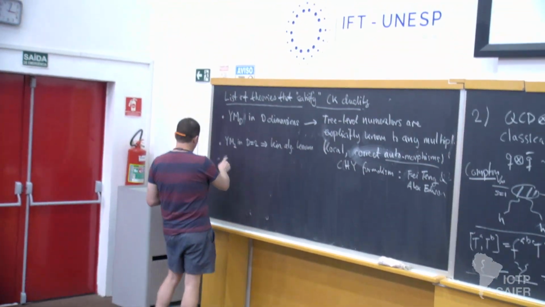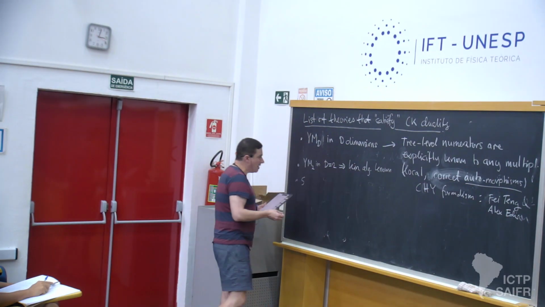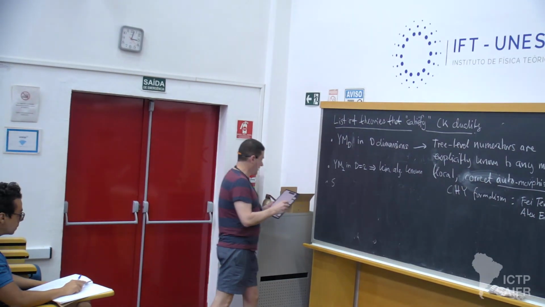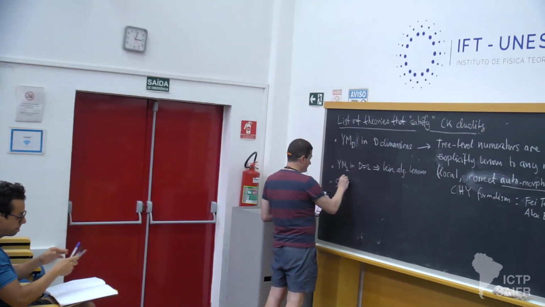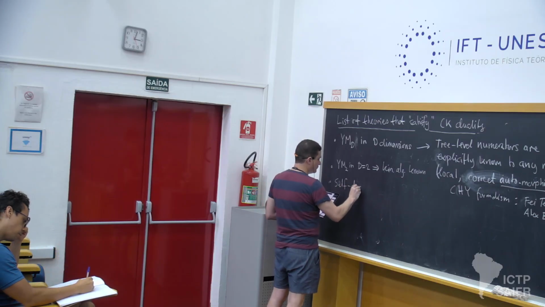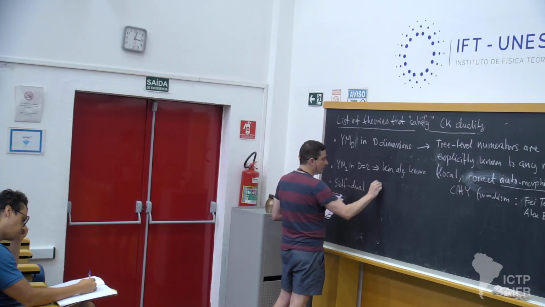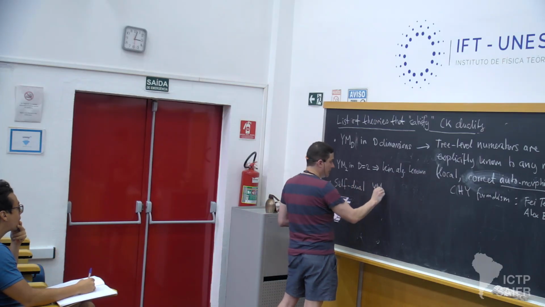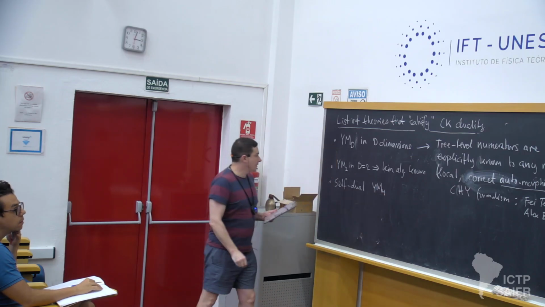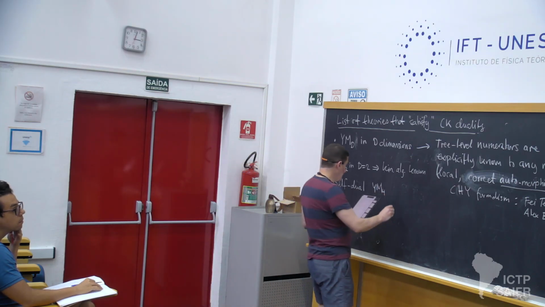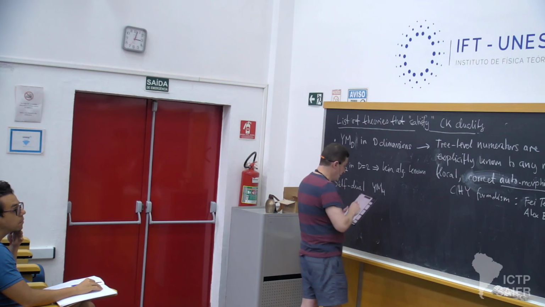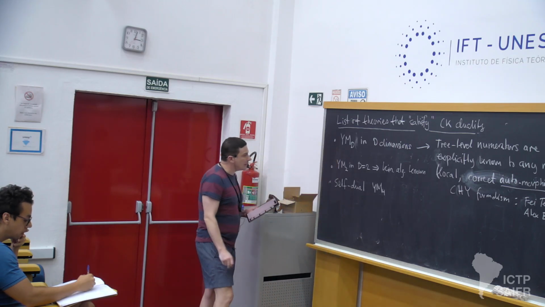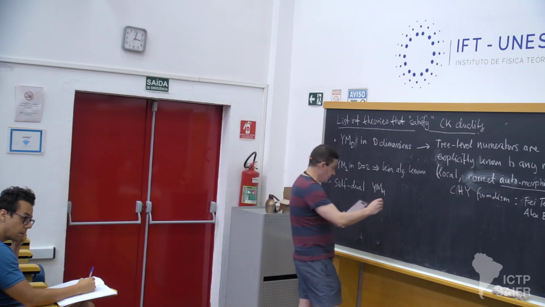All right, so the next one, which I probably should mention because it was historically important, is self-dual Yang-Mills in 4 dimensions. This is actually not a consistent theory, but it's a toy model that people like to work with.